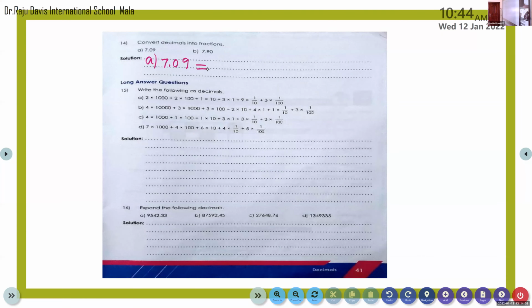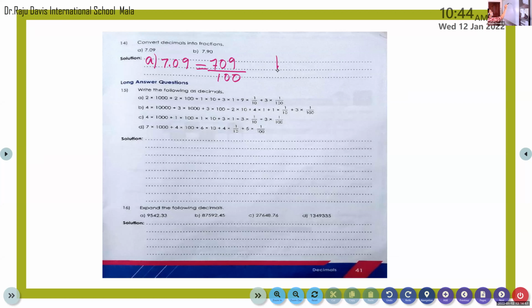Write the number without the decimal point. 709 divided by 100. Why? There are two decimal places.